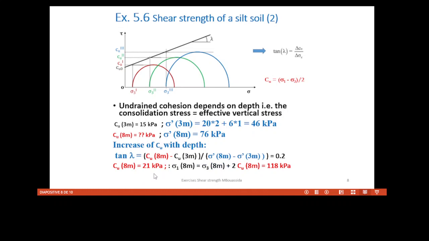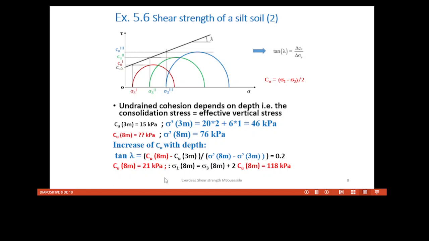So as you can see, the Cu at 3 meter is 15, and at 8 meter it becomes 21. That shows the increase of Cu due to the depth, due to the consolidation.